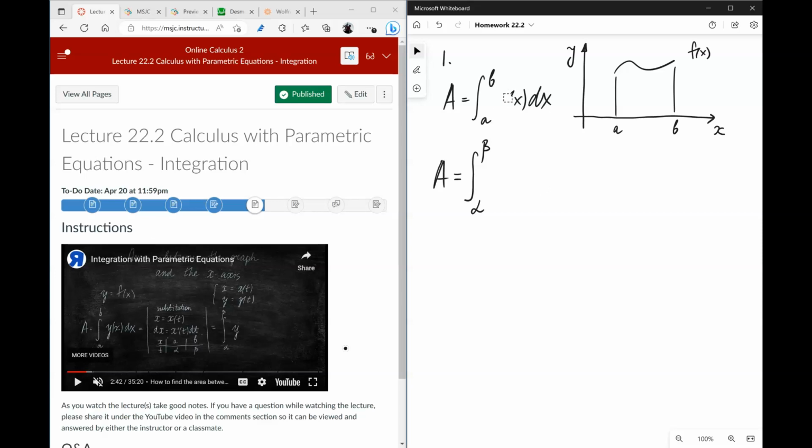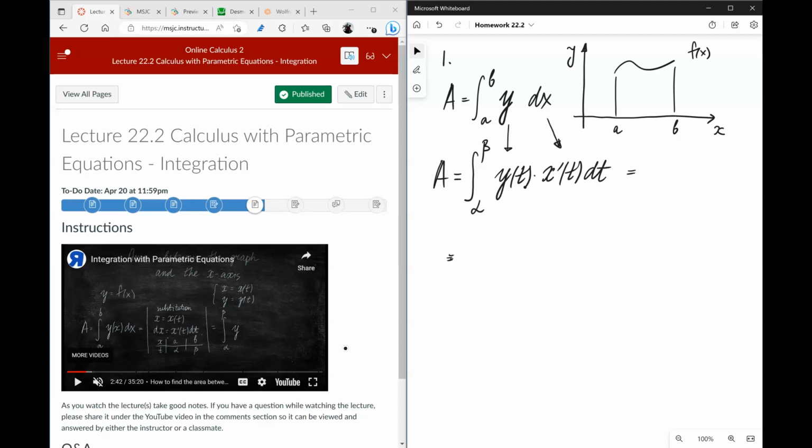Here we have f of x, but we think of f of x as y. So y isn't going anywhere. So the only thing that we need to handle here is dx, and dx can be rewritten as x prime of t dt. So this is the formula. So the old formula converts into the new formula like this.